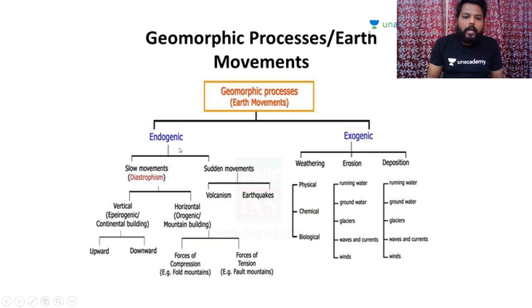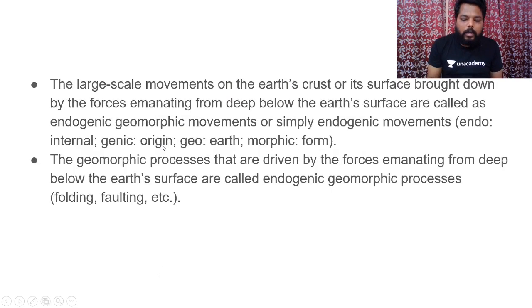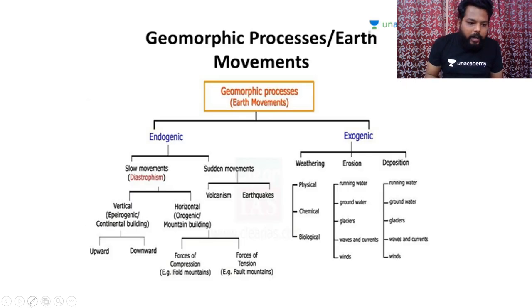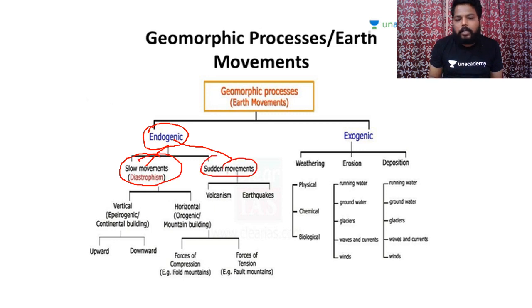Clear? Shall we start this? So, whenever we discuss endogenic forces, they are slow movements and sudden movements. Slow movements are called diastrophic movements, and sudden movements are fast moving movements. In sudden movements, we can observe volcanism and earthquake.